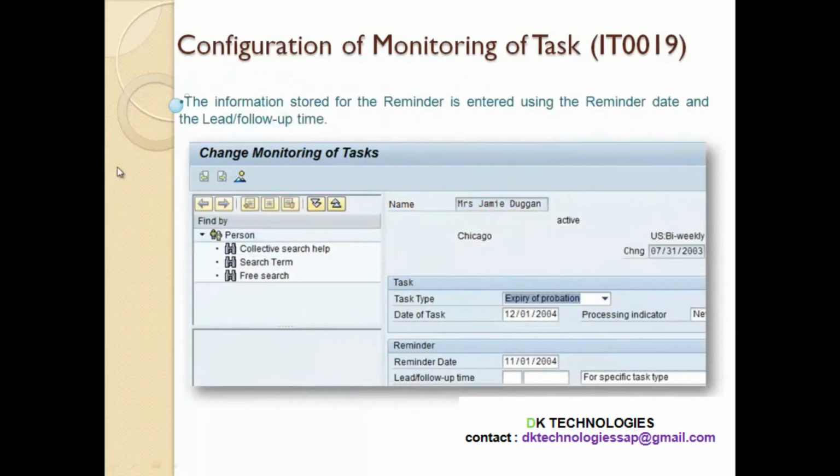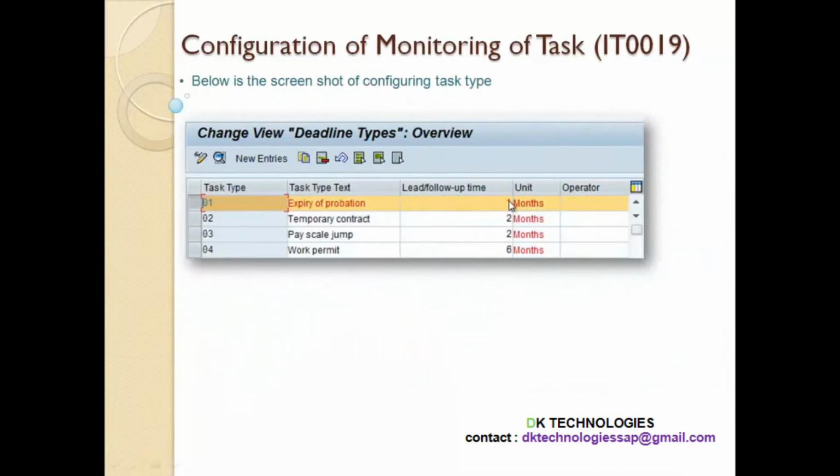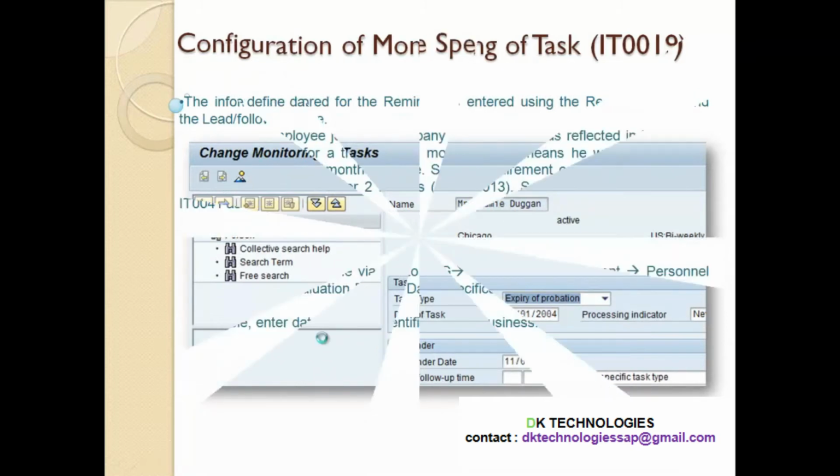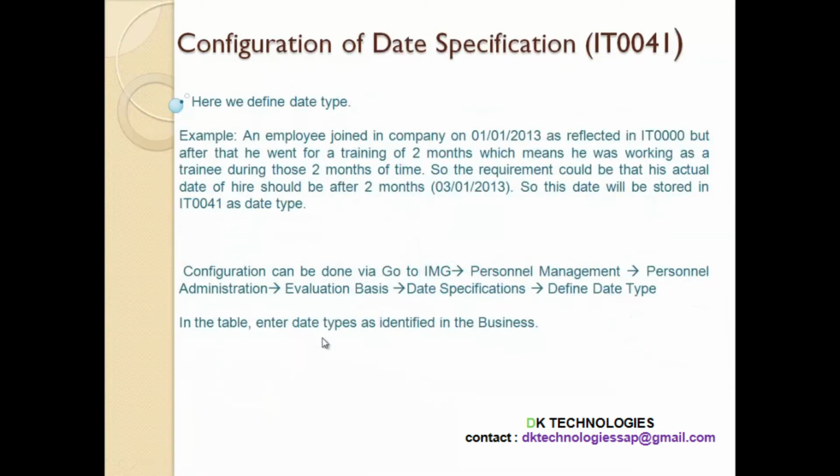Now once you configure, then in the front end in the infotype 19 screen, you will see those task types in the drop down. So what happens is, when you put some date of task here, automatically the reminder date will be popped up because of this follow-up time. So if you have given 1 month lead or follow-up time, then that reminder will show up here. So this was the monitoring of task.